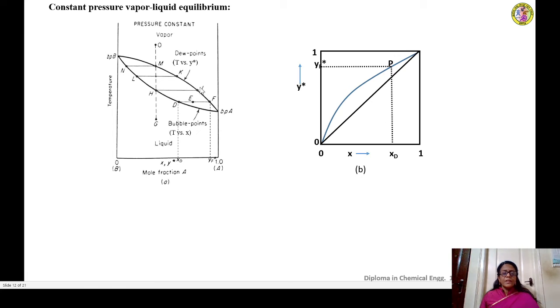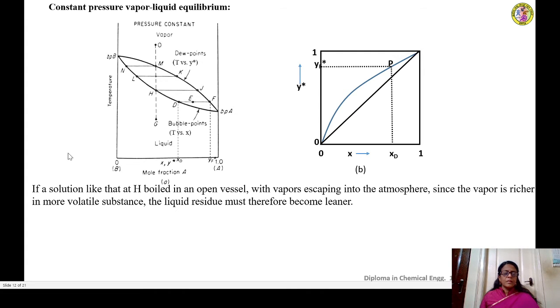So similarly, this particular tie line also will lie somewhere on the equilibrium curve corresponding to XH and Y star J. Okay. So YF star represented by point F on the x-axis here can be shown on the y-axis in this diagram.